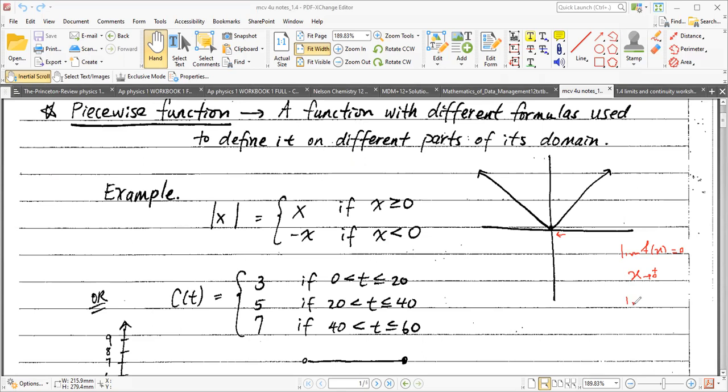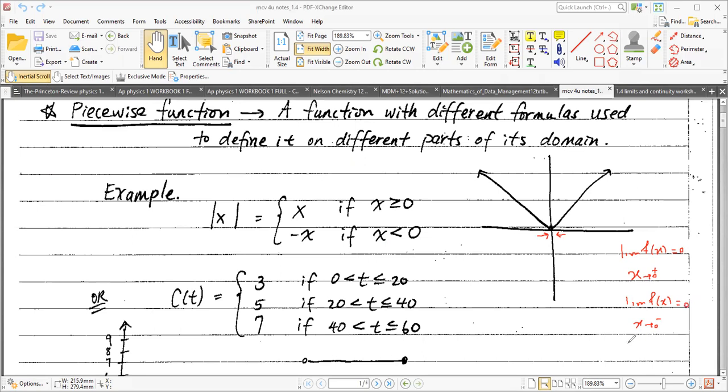Limit of my function when x goes to 0 from negative values: if x is getting close from the left side, of course y is getting to 0.